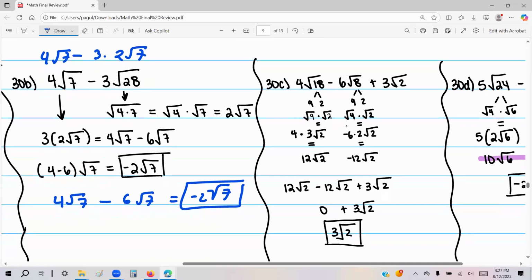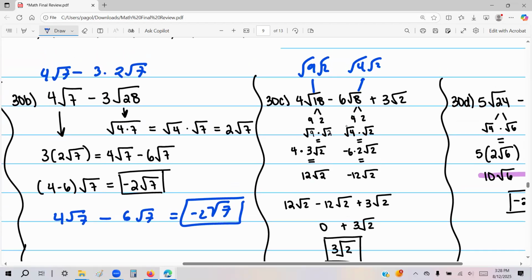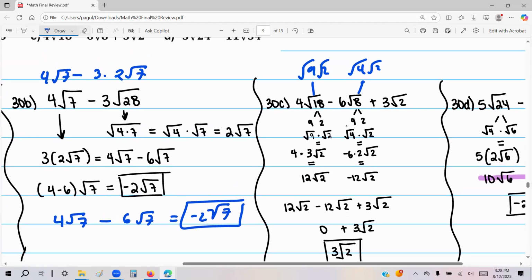In the next one, we have 3 of them, and none of them are the same. But the smallest one is 2. So we want every radical to have 2 inside. So this is 9 times 2. This is 4 times 2. So 9 gives us 3 and 4 gives us 2.